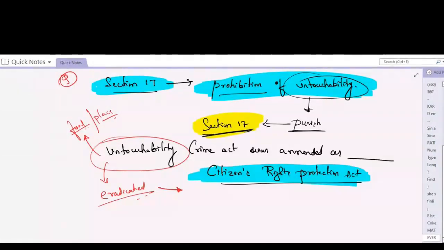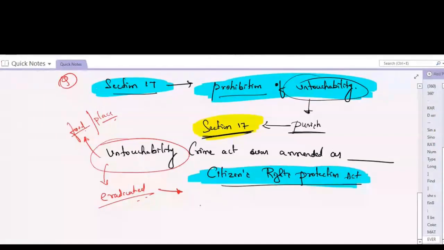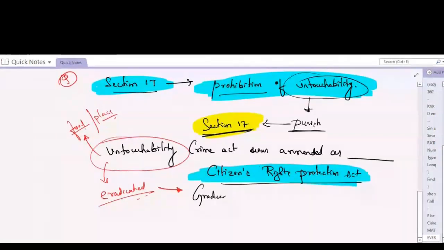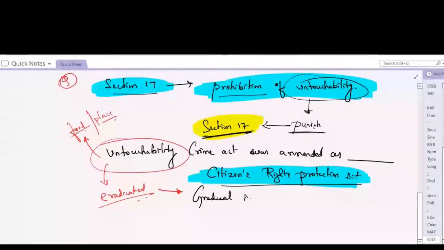See, almost everyone has forgotten this untouchability. Let it be some 95% of people. We have removed this untouchability from our mind. The reason is the gradual increase in literacy.